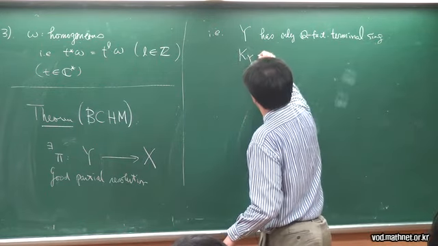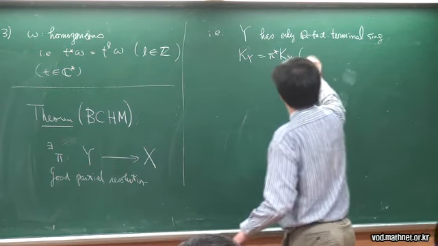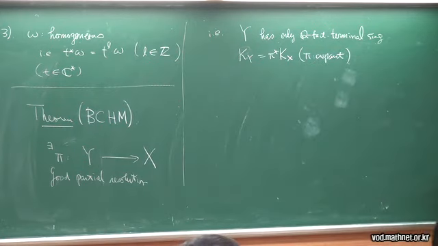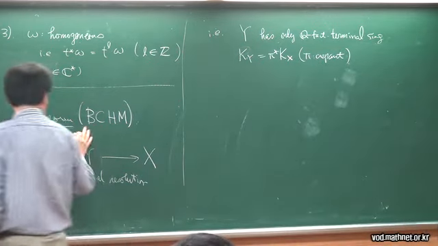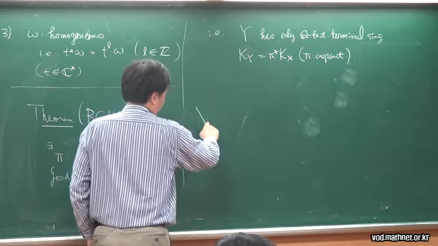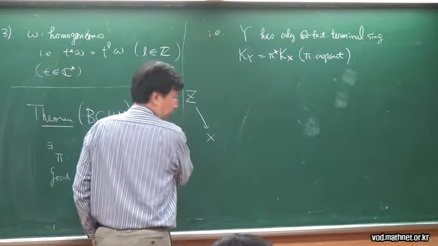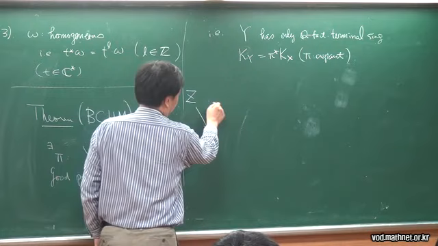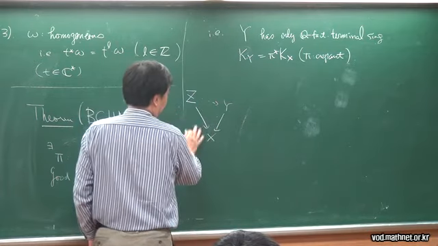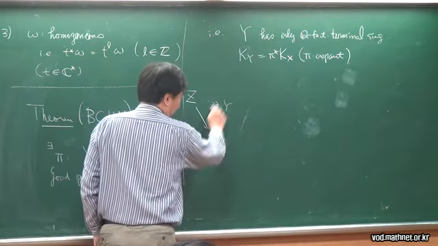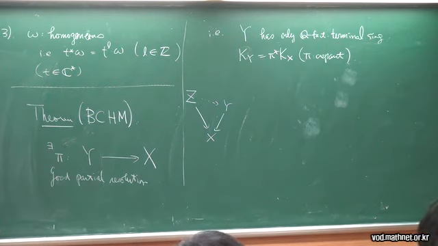This means K_Y is pi star K_X. If you take an arbitrary resolution and run the minimal model program relative to X, then finally you get a minimal model, and the minimal model is nothing but this partial resolution.